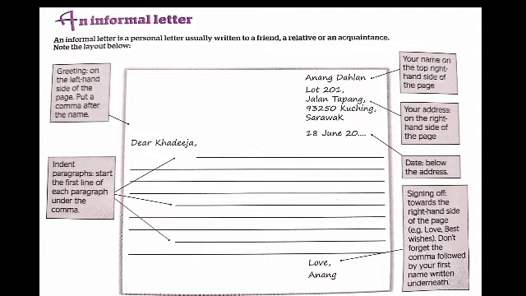And as usual, we need to draft our introduction, point of view and conclusion. And the last one, kita kena sign nama kita sebagai penulis. That is how we plan our informal letter.